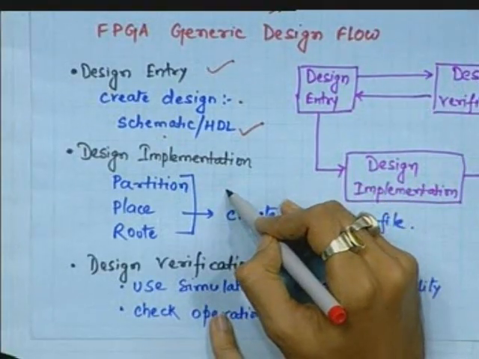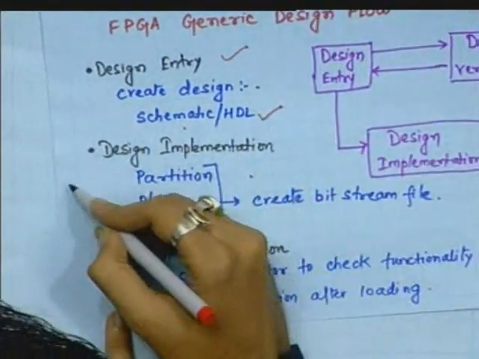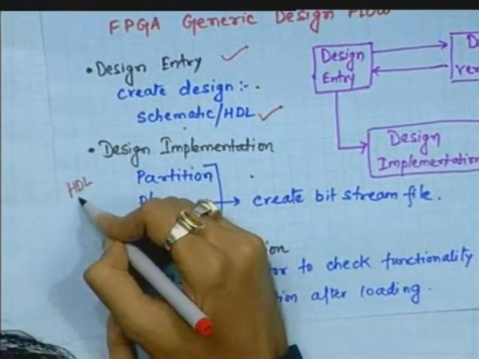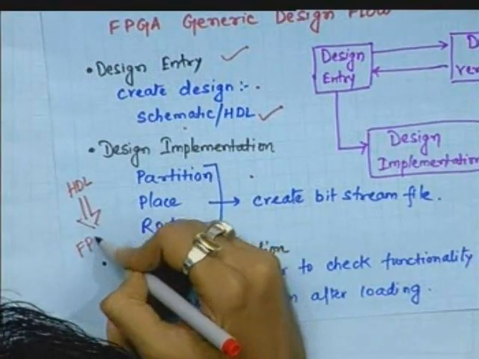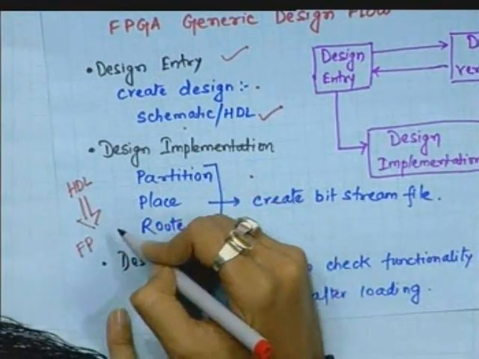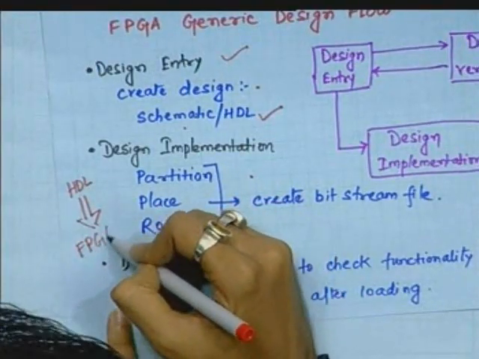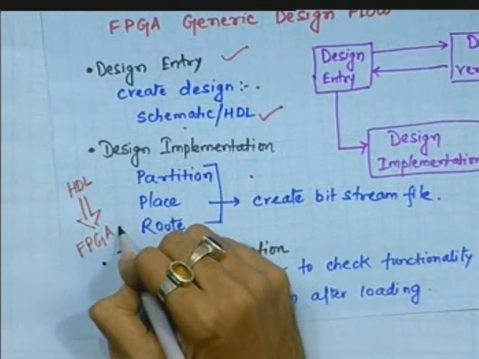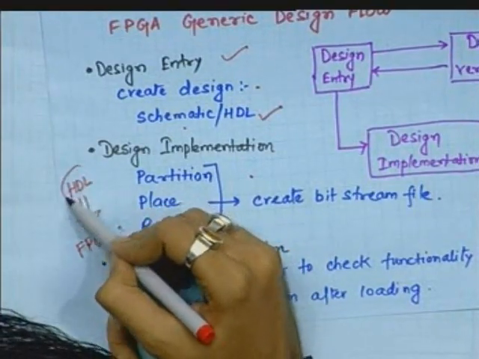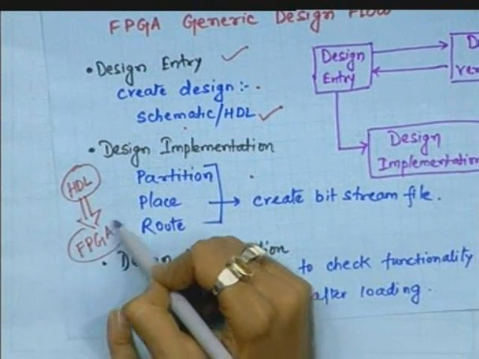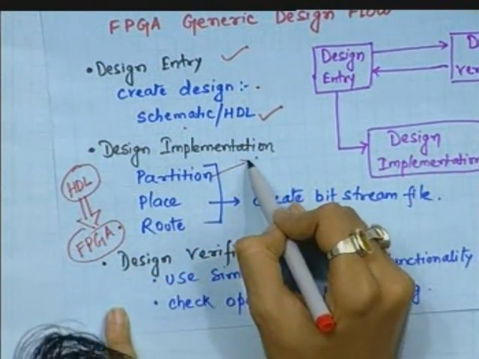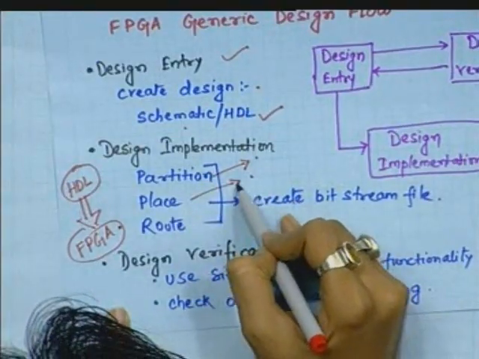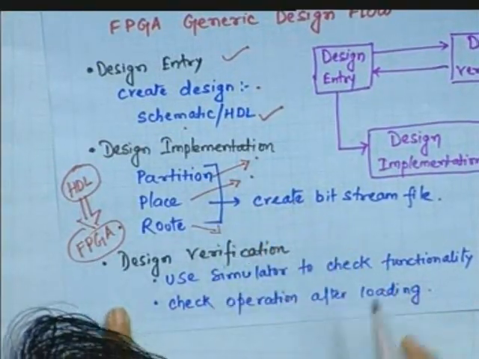What does implementation mean? Given an HDL, you have to mold it into something that the FPGA can use. We are implementing our HDL to the FPGA. This contains partitioning, place and route.